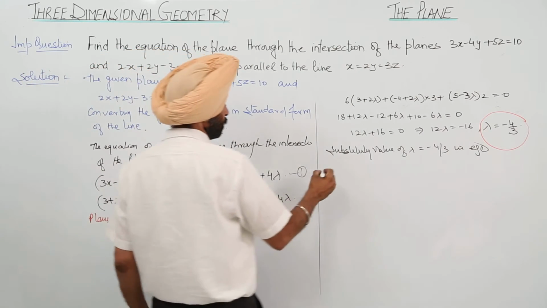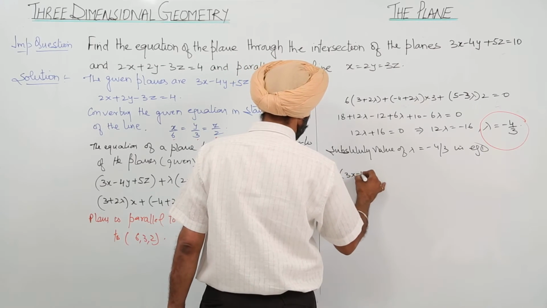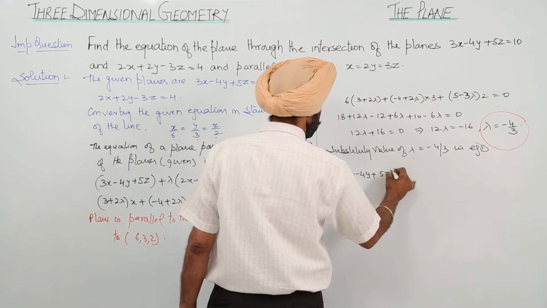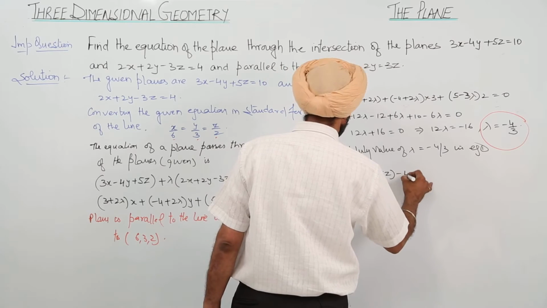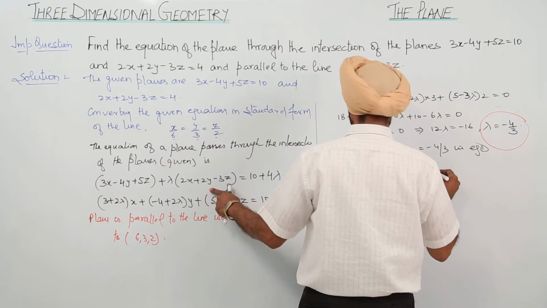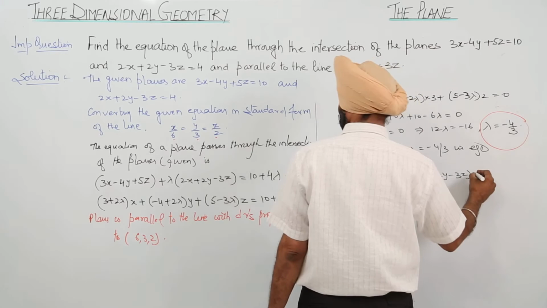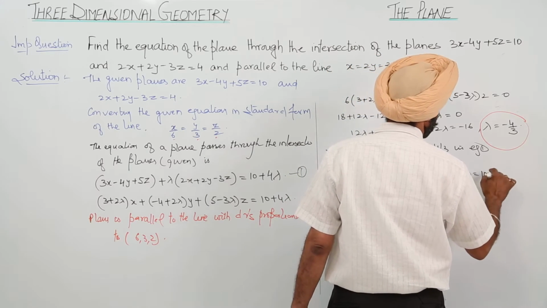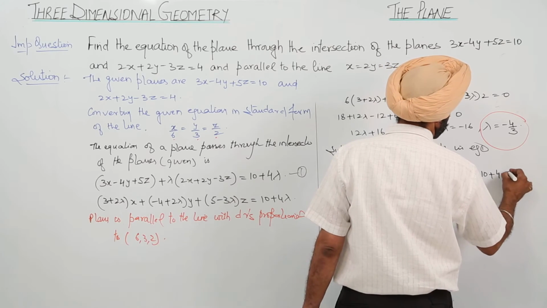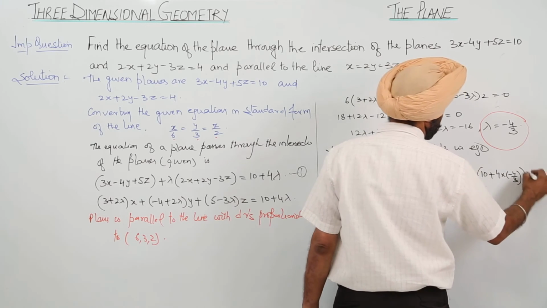So, 3 times (3x minus 4y plus 5z), negative of 4 with (2x plus 2y minus 3z) is equal to 10 plus 4 times negative of 4 upon 3 multiplied by 3.